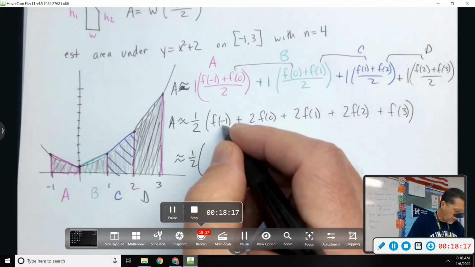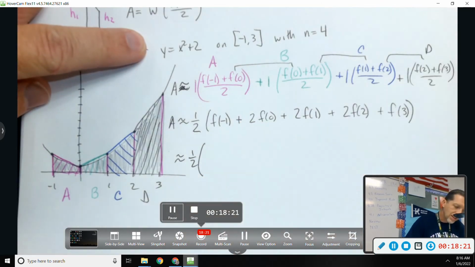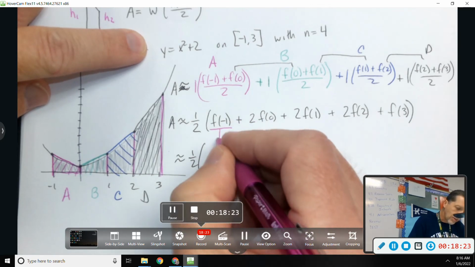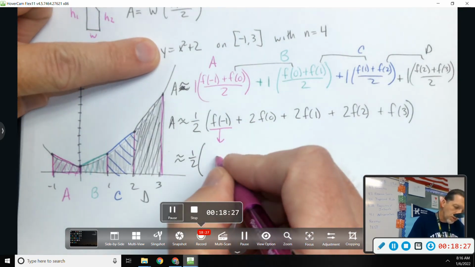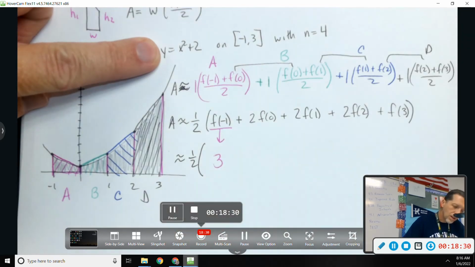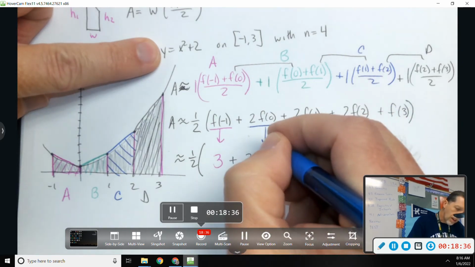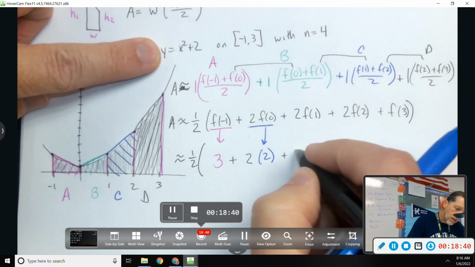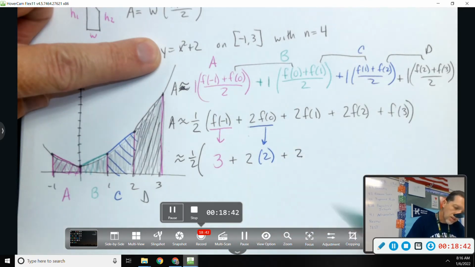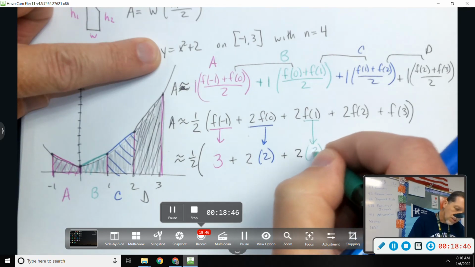So f of -1. I guess I could actually plug these in. Otherwise I'm going to be writing a whole lot of stuff. -1 squared plus 2 would be 3. Plus 2 times f of 0 is 2. Plus 2 times f of 1 is 3.